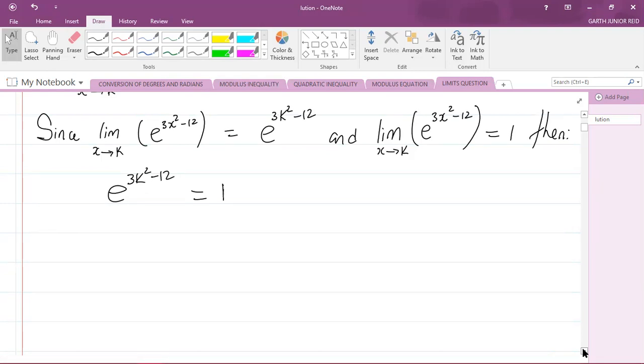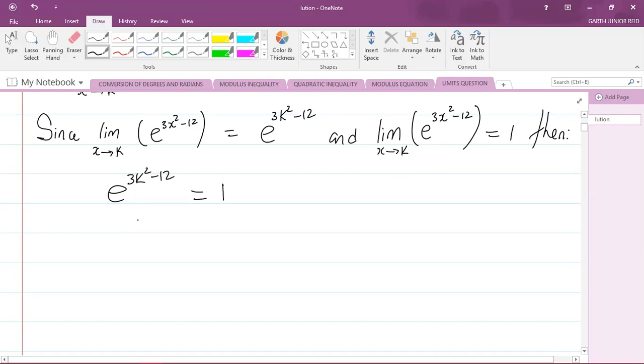I used direct substitution and said the limit is e to the 3k squared minus 12, so whatever value that is, it must be equal to 1. So e to the 3k squared minus 12 equals 1.